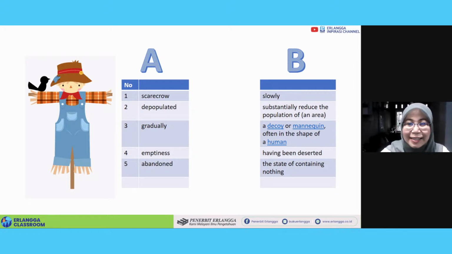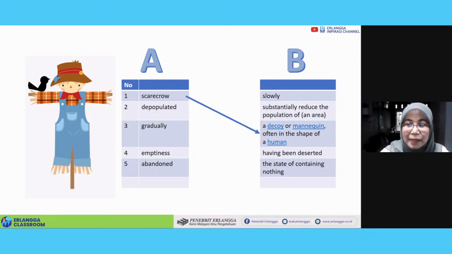Nah, kalau sudah ketemu, sekarang coba kita pasangkan the meaning of these words with the meaning in the B column. Mari kita lihat. Let's see. Scarecrow. Oh, scarecrow. Scarecrow is. Nah, ini ada gambarnya ya. Kita lihat what is scarecrow, pasti sama dengan pendapat Ibu ya, sahabat Erlangga.